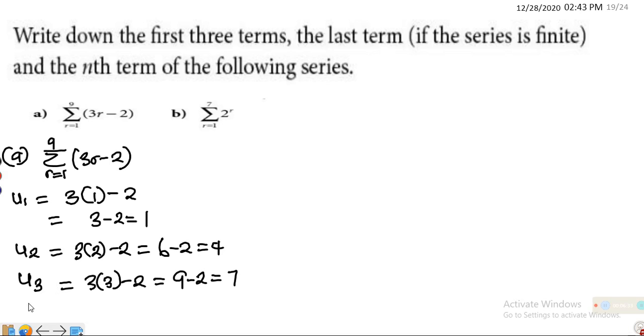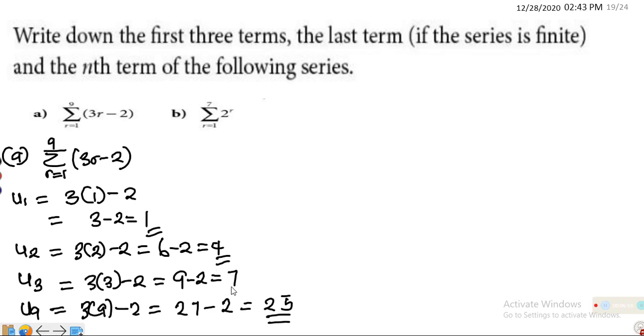The last term is u9, equal to 3 times 9 minus 2, which is 27 minus 2, which is 25. So the first term is 1, the second term is 4, the third term is 7, and the last term, the 9th term, is 25.